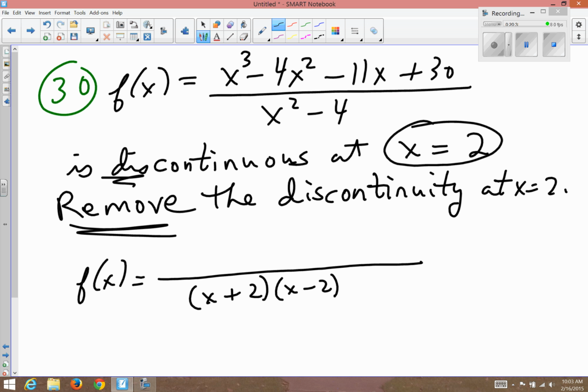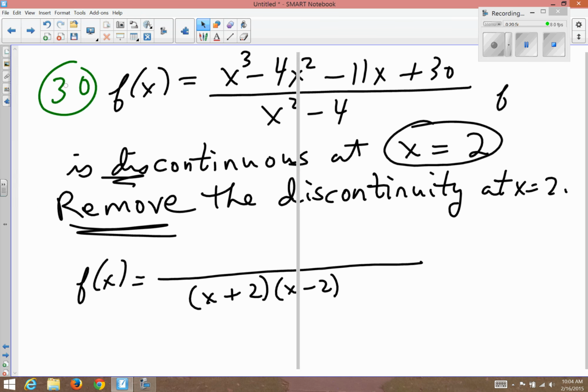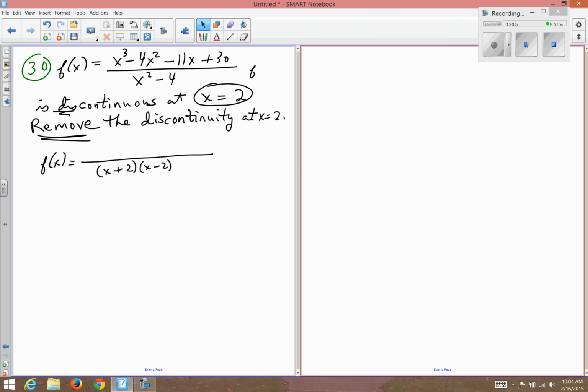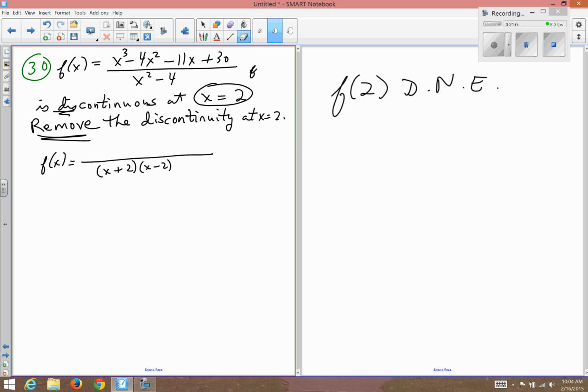This function as is, f of 2 does not exist, because it is not possible to divide by 0. So the directions can only be accomplished if there's an x minus 2 up here. And we can cross those out.